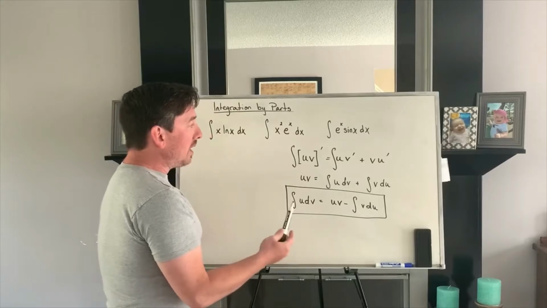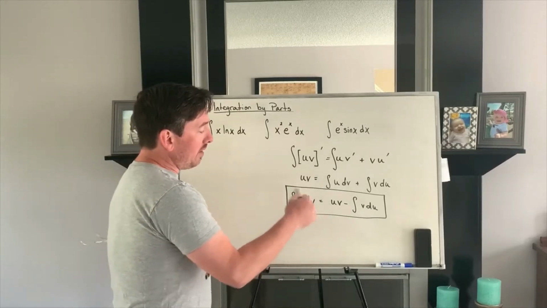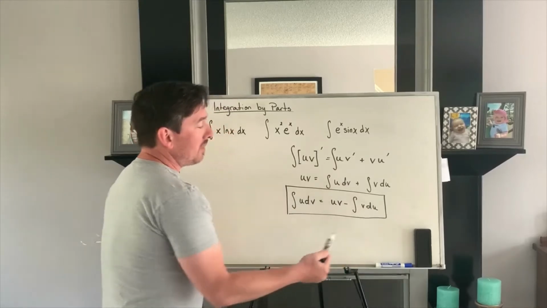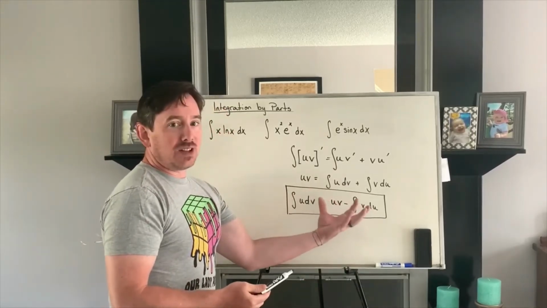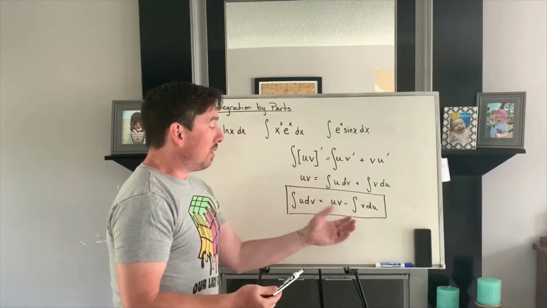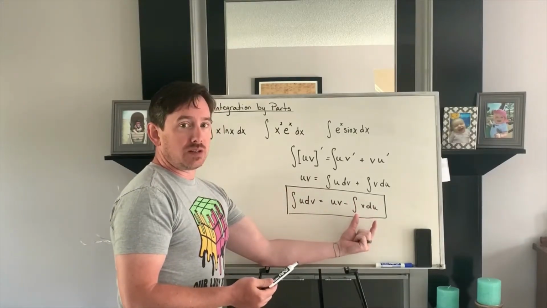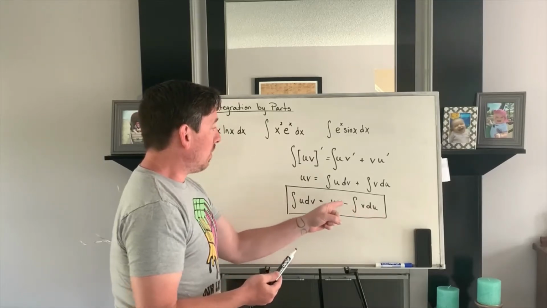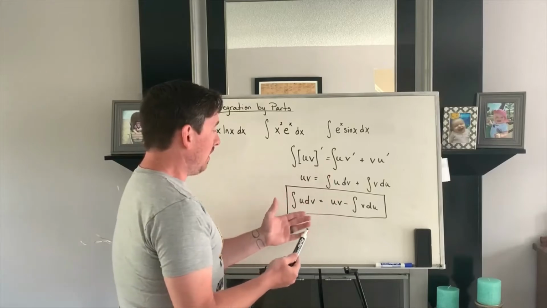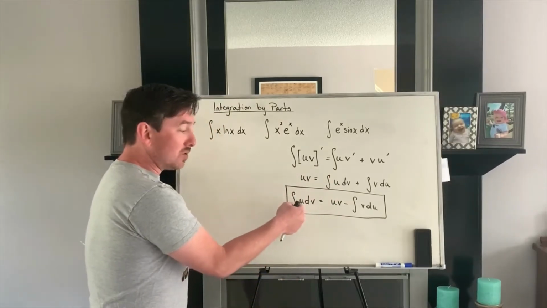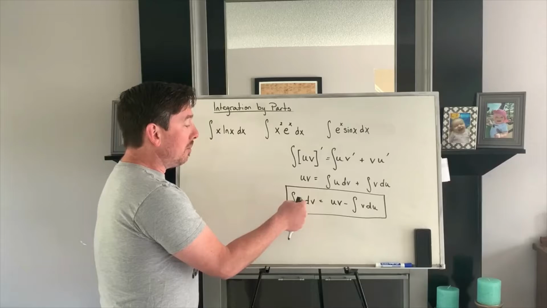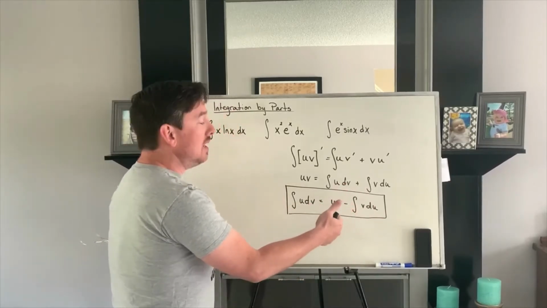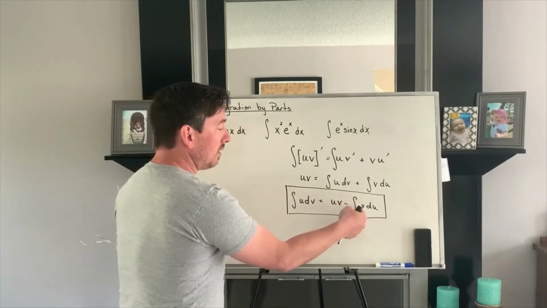So if we can get our integral to look like this, then we can expand it into this. Of course, this side still has an integral involved, but we're hoping that integral is going to be easier for us, or even possible for us to integrate, as opposed to the one that we started with, which was this one. So this integral might not be possible to integrate, but if we can expand it into this thing that looks bigger and uglier, it might be possible to evaluate.